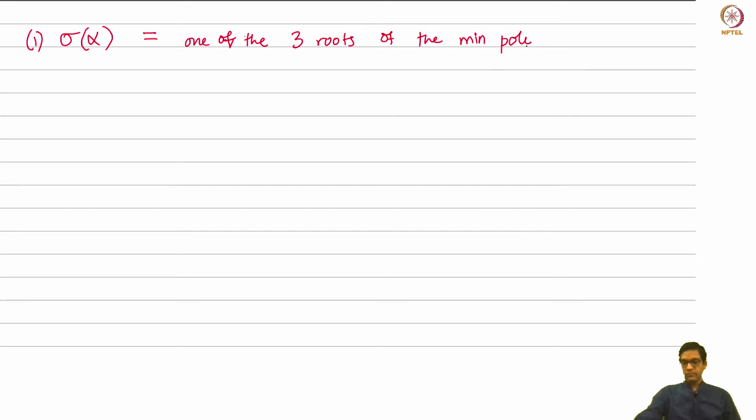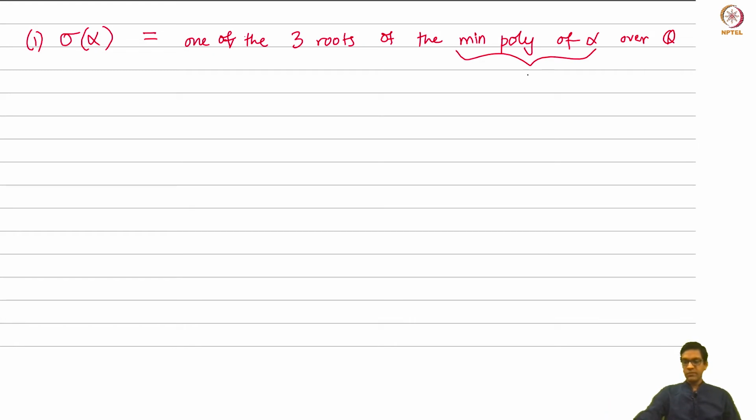So let's see what these things have to be. Observe for a start, what can sigma of alpha be? Well, what are the possibilities? Sigma of alpha has to be one of the 3 roots of the minimal polynomial of alpha over the base field.